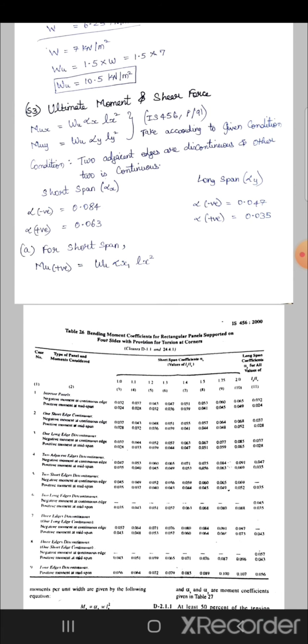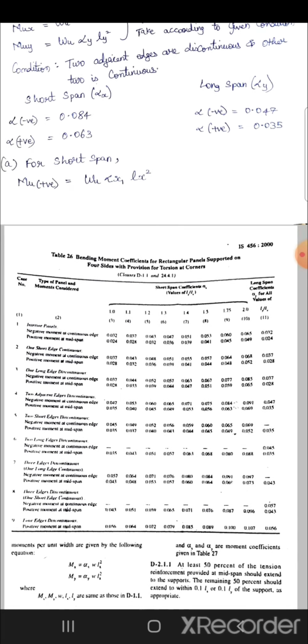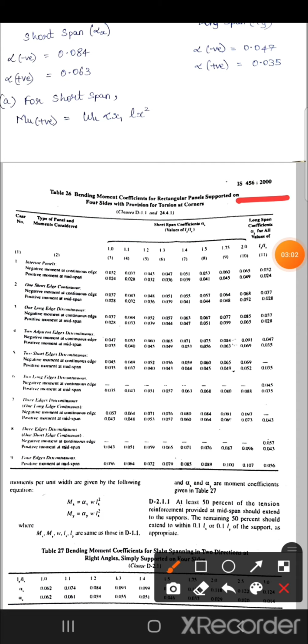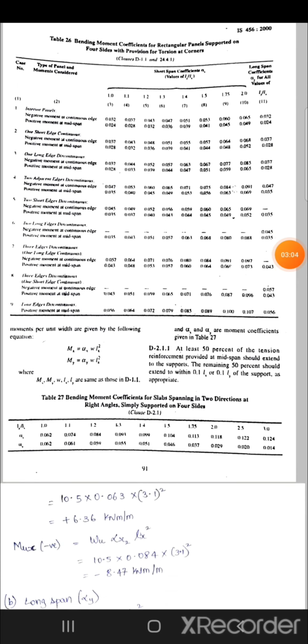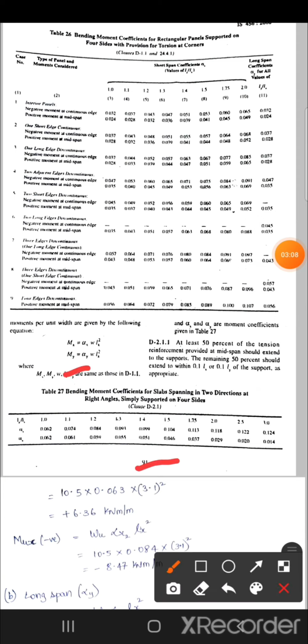Step 3 is ultimate moment and shear force. Ultimate moment formula is in IS 456, page number 91. IS 456 2000, here is the formula.